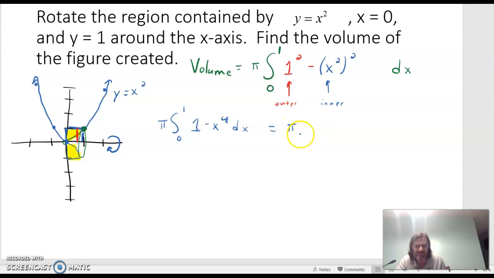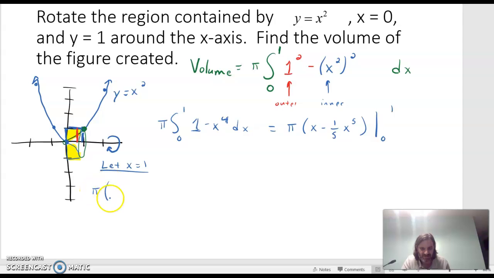So integration, we'll leave the pi on the outside, 1 becomes x, and then when we integrate negative x to the 4th, we get negative 1/5 x to the 5th, and we're going to integrate this from 0 to 1. So let's plug in our endpoints. Let x equal 1, so that will give me pi times 1 minus 1/5.